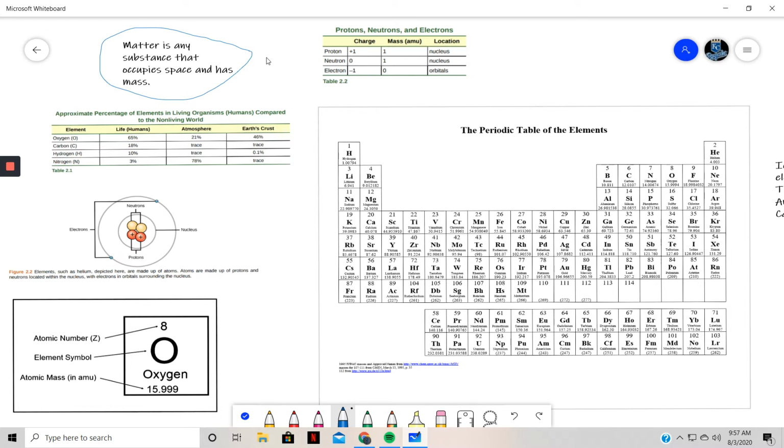So anywhere from something as obvious as an elephant to water. You can even look at gases, even though we can't see them, like an oxygen gas, a nitrogen gas. They're certainly going to take up space, and they're certainly going to have mass. And you may think, really, oxygen has a mass? Yeah, it does.